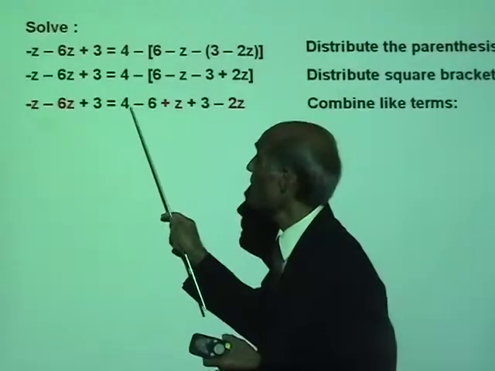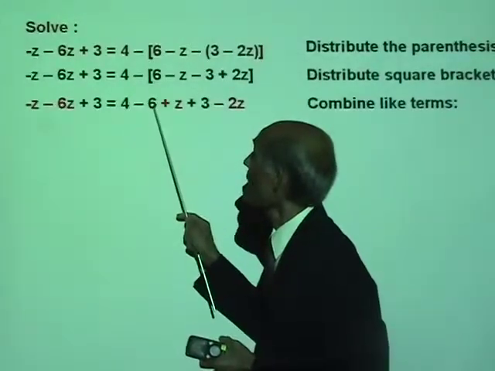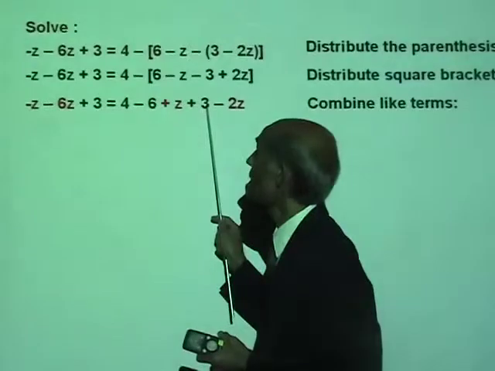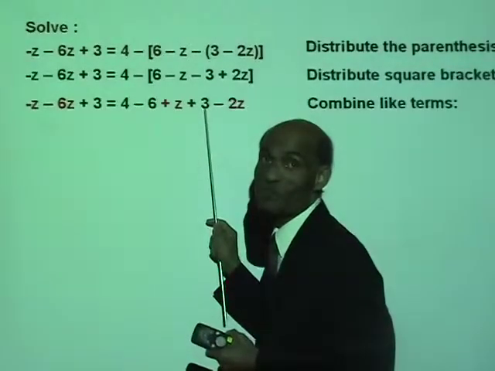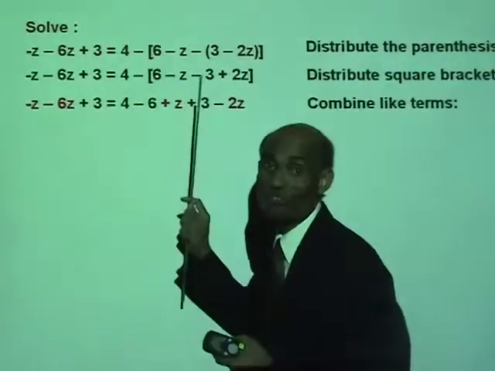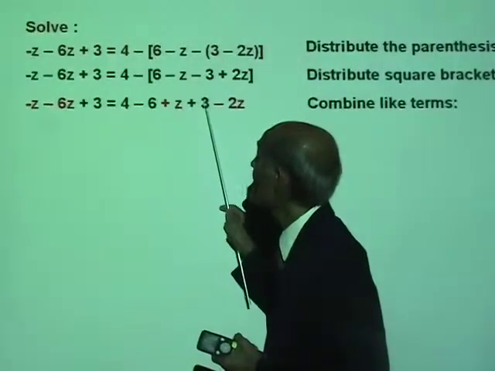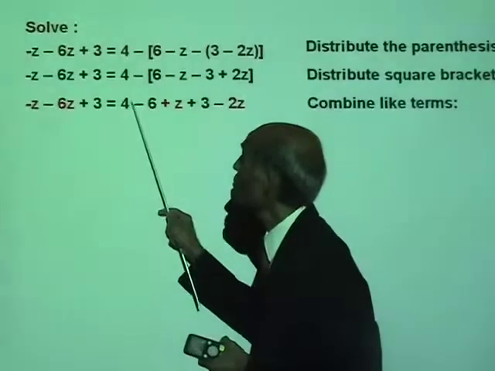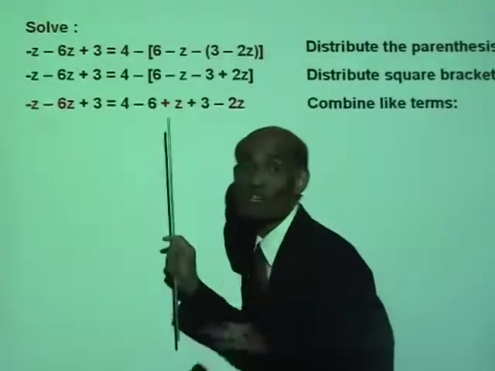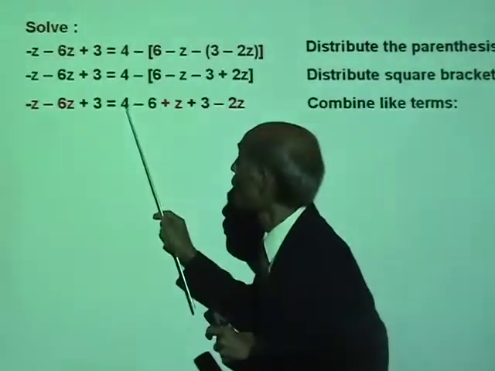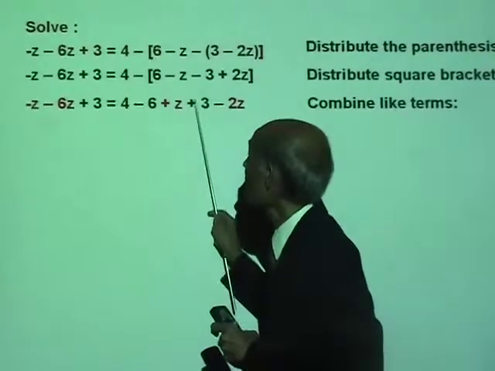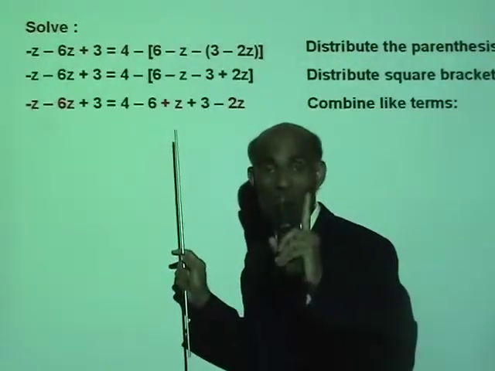Can you tell me what that is? 4 minus 6 plus 3. What I will do is add the positive numbers first. Look at this. 4 plus 3 is 7. And 7 minus 6 is 1. So 4 minus 6 plus 3 is 1.